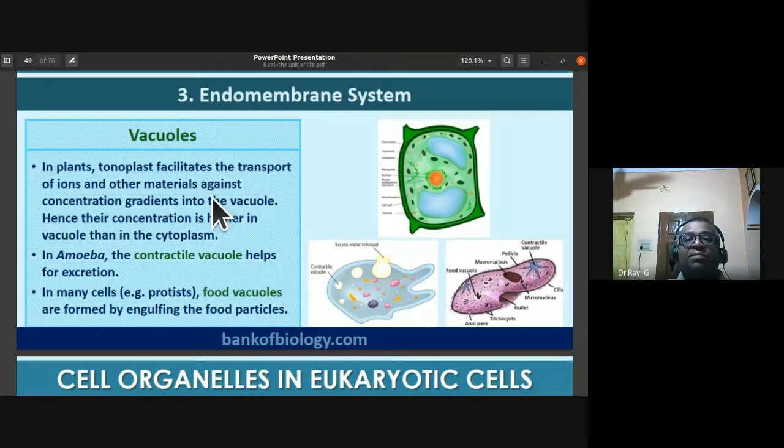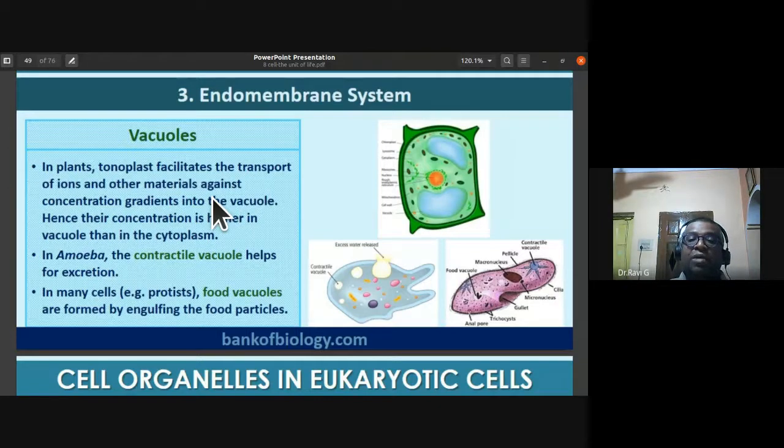So in plant vacuoles, the tonoplast, the outer membrane, facilitates the transport of ions and other materials against the concentration gradient into the vacuole. That is the reason the vacuole concentration is always higher than that of cytoplasm.